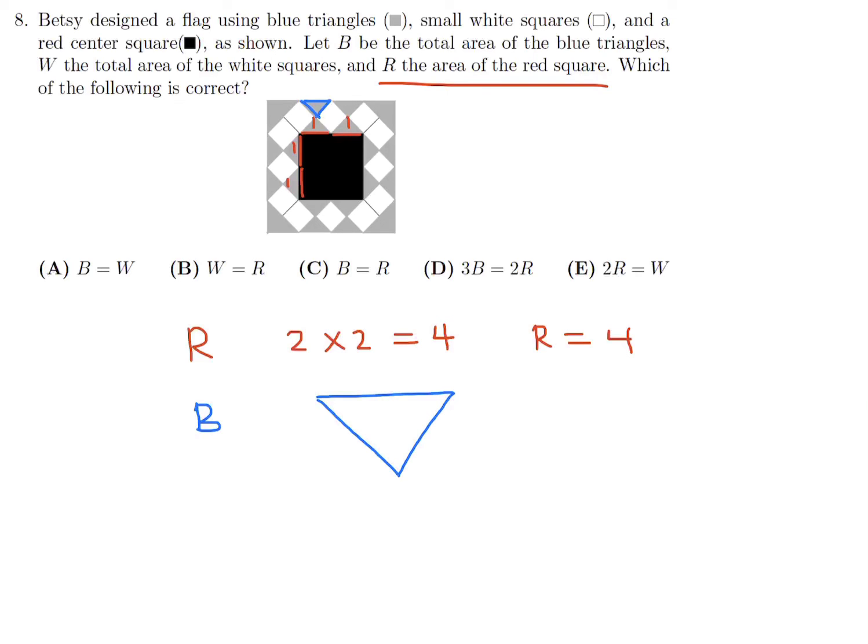And if you notice, the one right below it is the same one. And two triangles together will form a square. And the square will essentially look like, if you put them on top of each other, the square will be like this.